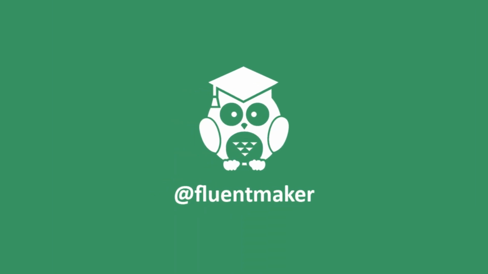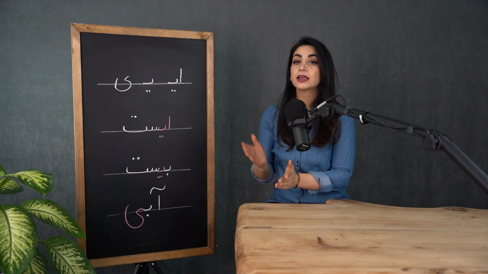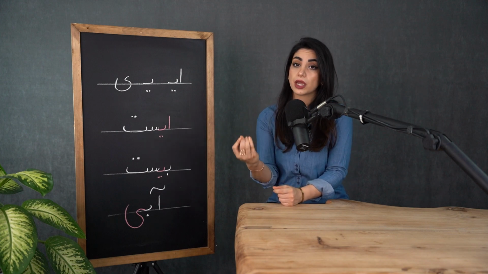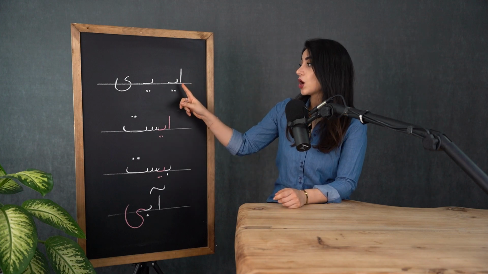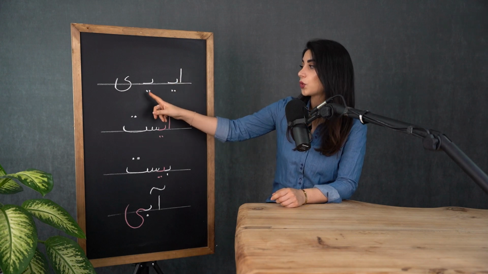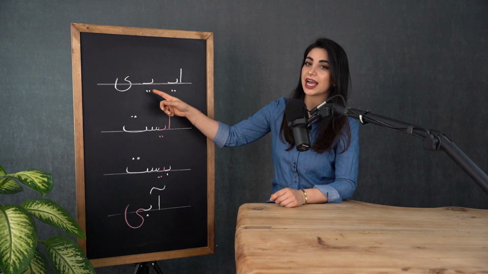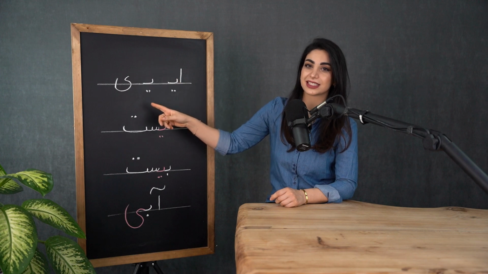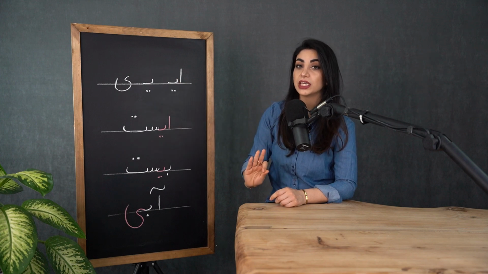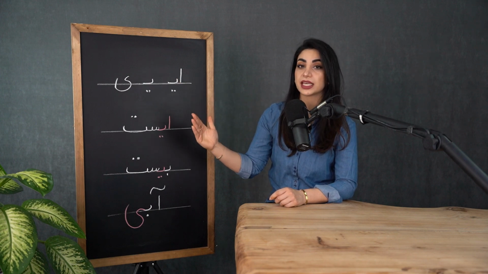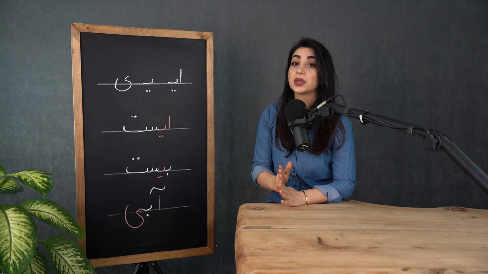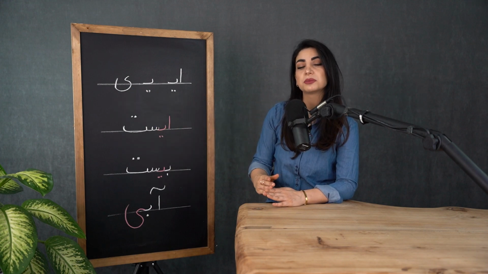Let's go and see what our practice is for next session. Well, for practicing, a page and a half, or if you want to learn it very well, 2 pages: one line of this, one line of this one, and another line of this. 3 forms of E. One comes at the beginning, one comes in the middle, and the other one comes at the end.